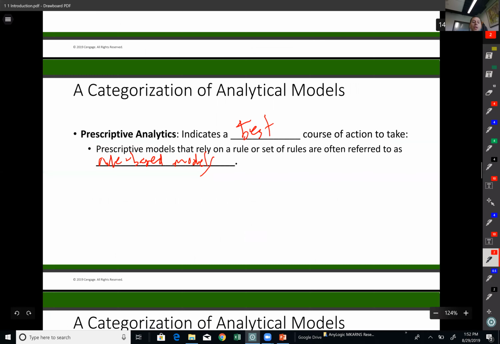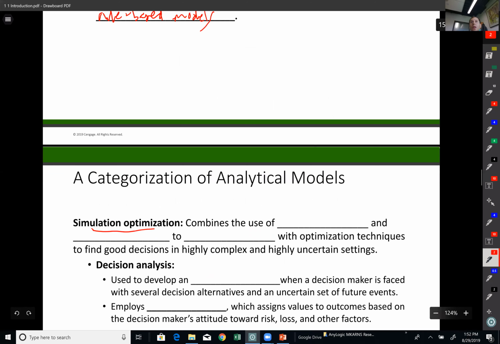Simulation optimization is, I would say, a more advanced tool because it combines multiple disciplines or areas such as probability, statistics, to model the uncertainty. So if you want to model uncertainty, this is a great tool.